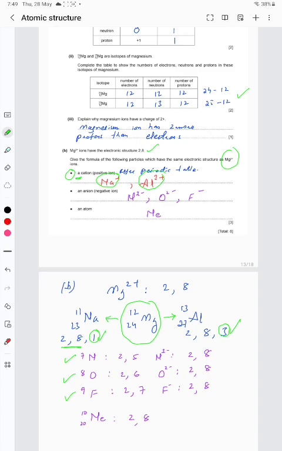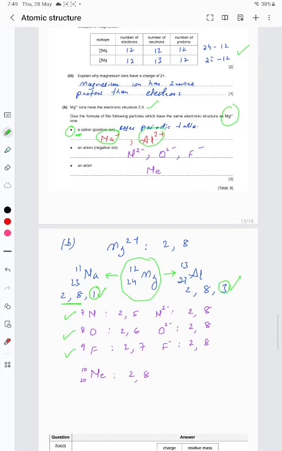Then it says the negative ion, so you have to follow the electronic configuration of the negative ions. You have to refer to your periodic table. If you draw the electronic configuration N3-, why N3-? Because there are 5 electrons in the outer shell of nitrogen, it needs 3 more electrons to attain stable structure. So it will definitely form N3- ion.